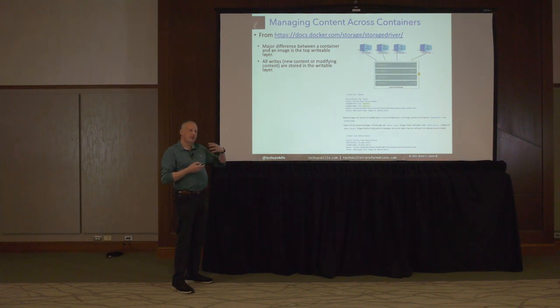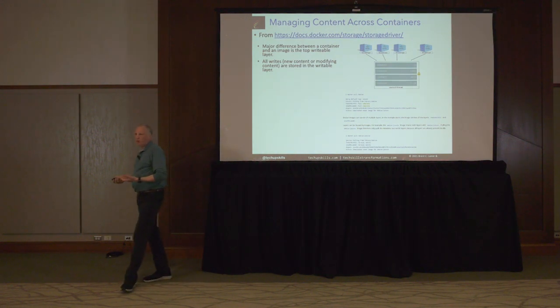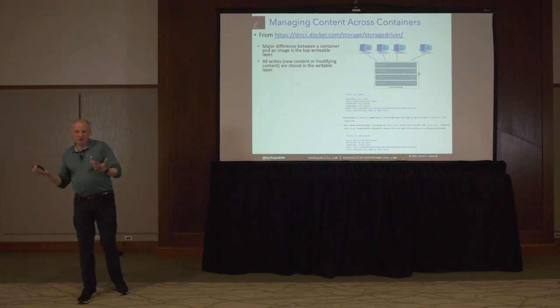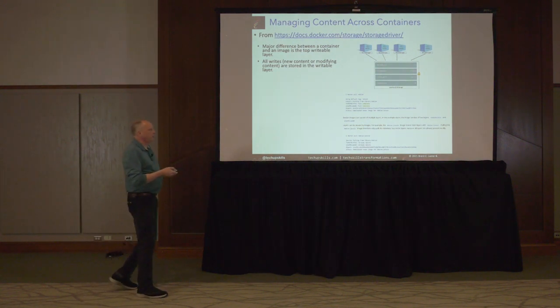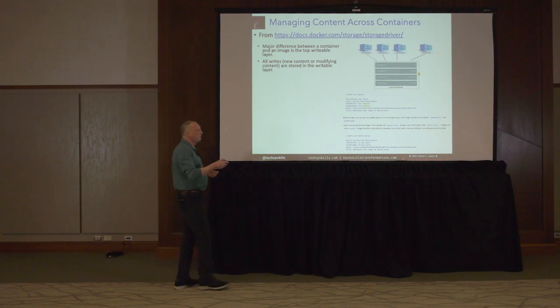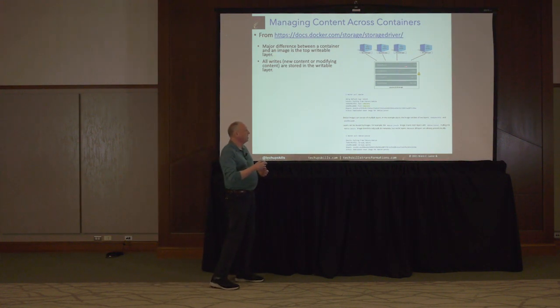The image is those set of layers. The container is adding on that other read-write layer. But there's nothing that says I can't have multiple read-write layers on there pointing back to the same image. We don't have to worry about things getting changed because these are immutable. These are set up in here. So we can just set up a new container by pointing a read-write layer to that.